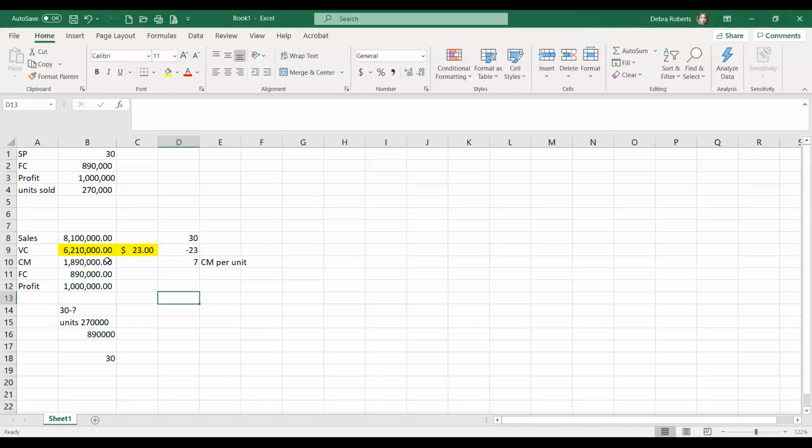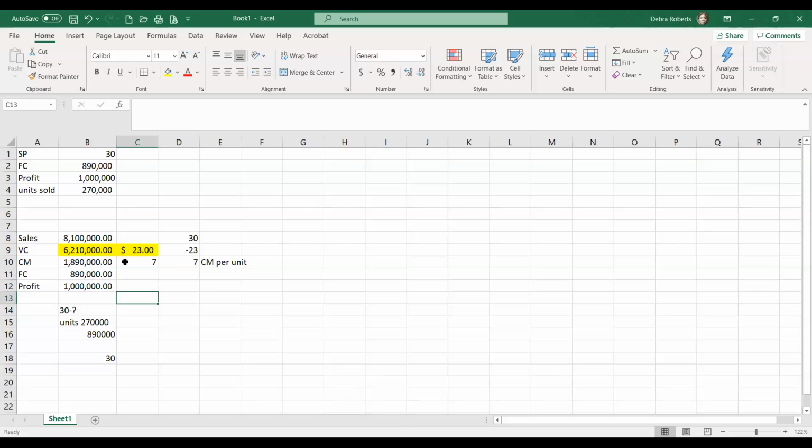All right, so we have our contribution margin. We have our fixed costs. Now let's do our contribution margin per unit. Let's see. Hold on. $7.